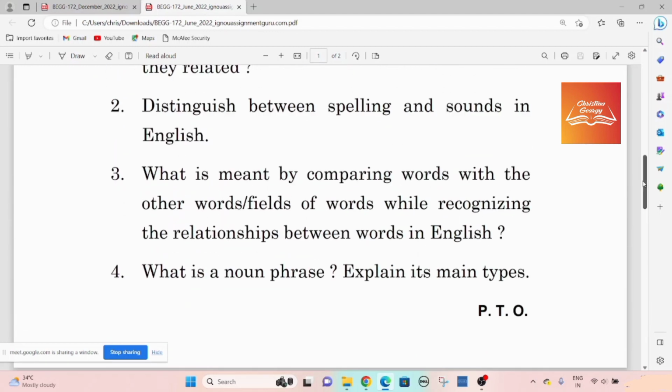Moving on to the fourth question, what is a noun phrase? Explain its main types. It's a very easy question. I'm very sure that most of the students would definitely choose this. This could also be a long essay question, provided they also add something more to the question. Of course, everybody would be aware that this is a question from block 4, particularly from unit 2.